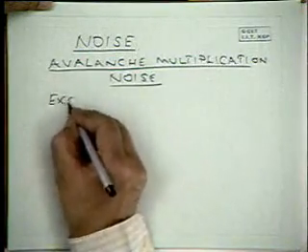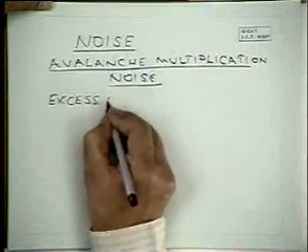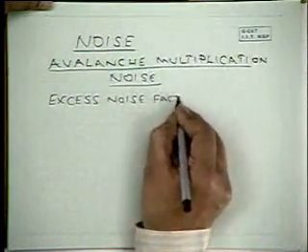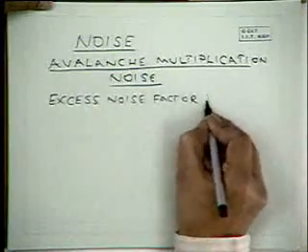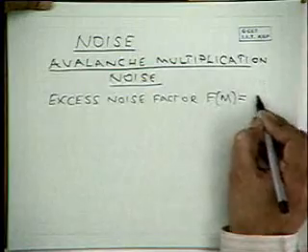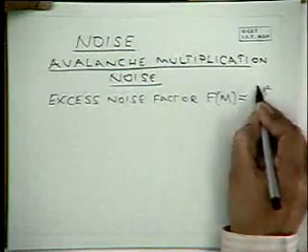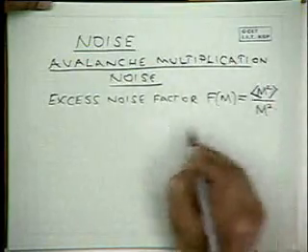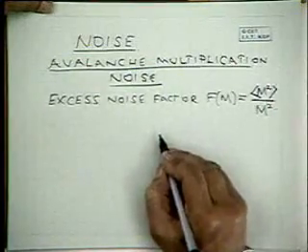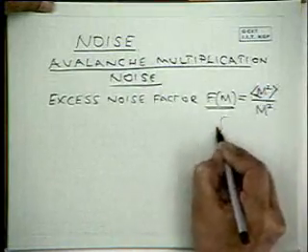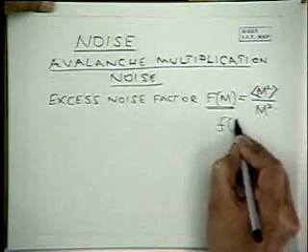So an excess noise factor is defined, called Fm, which is the mean square over the square of the mean. And this excess noise factor Fm is obviously a function of alpha n and alpha p.